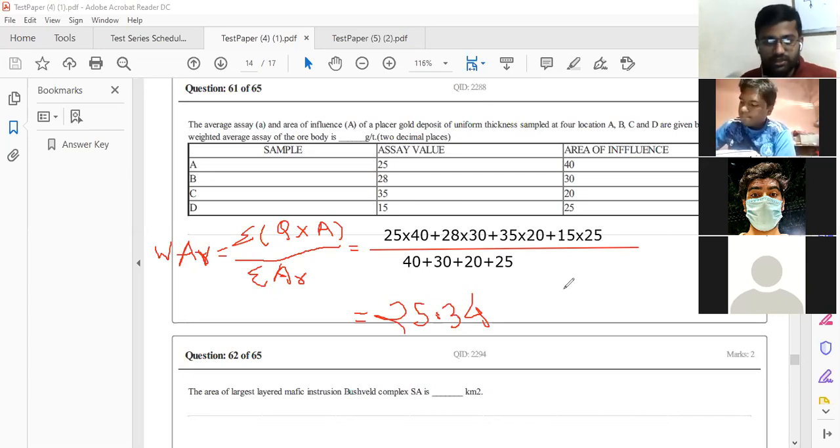Area will be given in meter square. Okay. Clear?